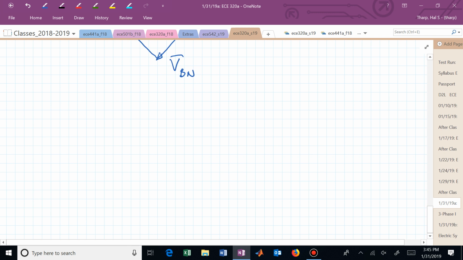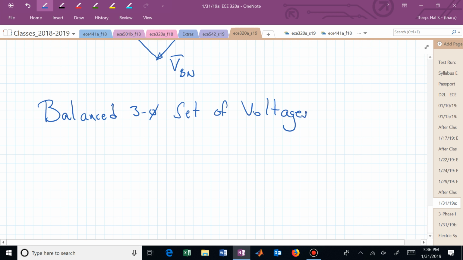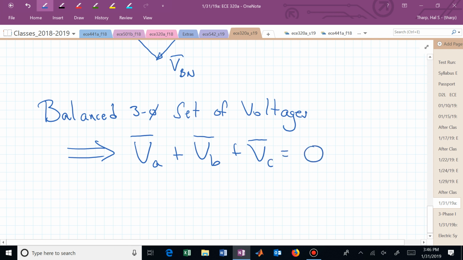What do we have? We have a balanced three-phase set of voltages. If we said we had the A phase, the B phase, and the C phase, they equal 0. And again, we're doing that with the phasors or the vectors.